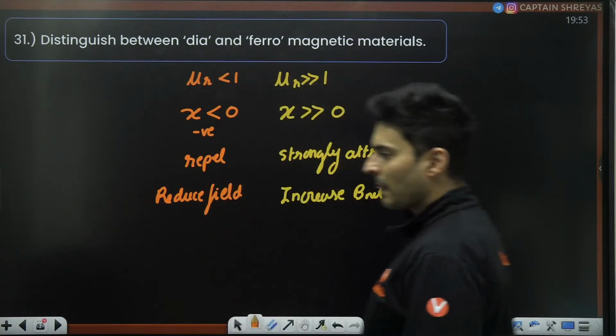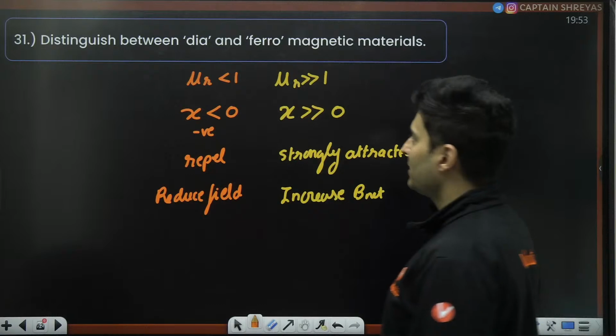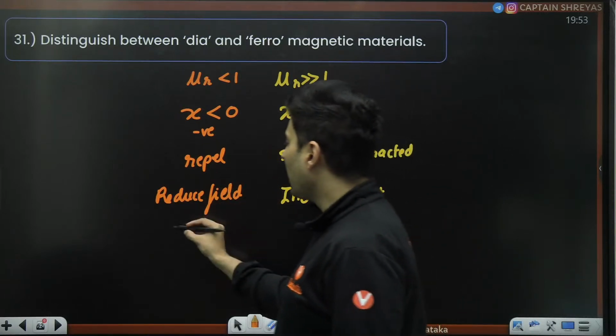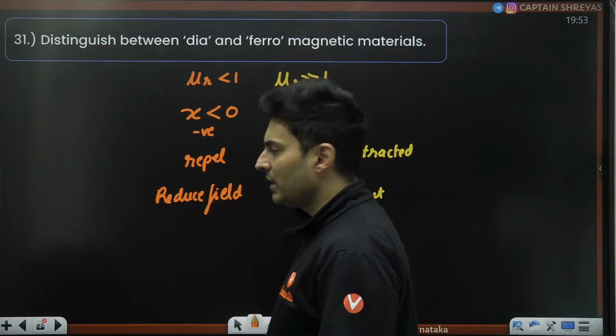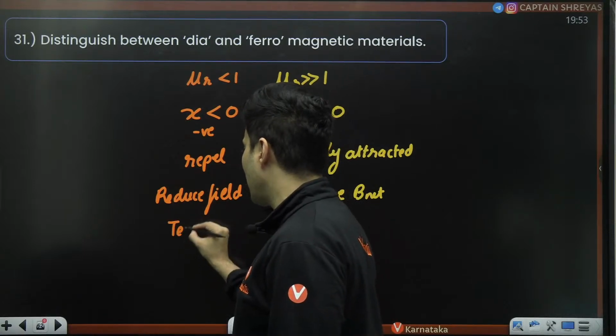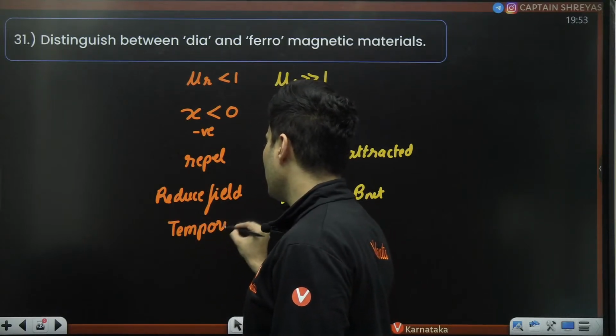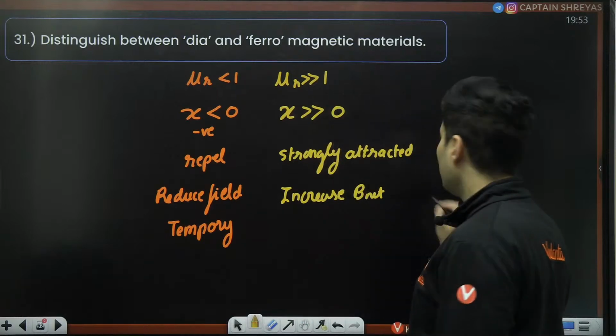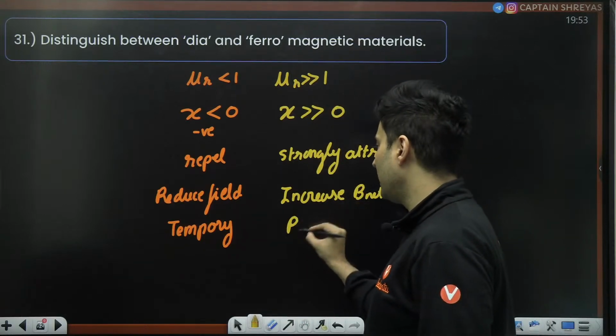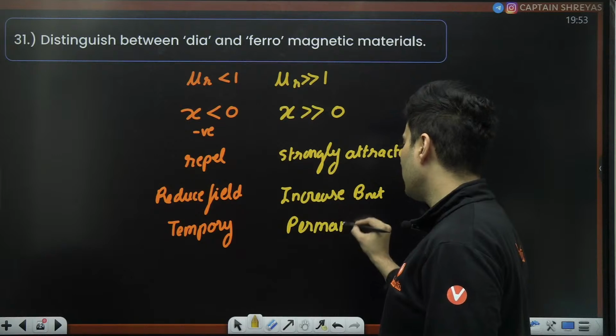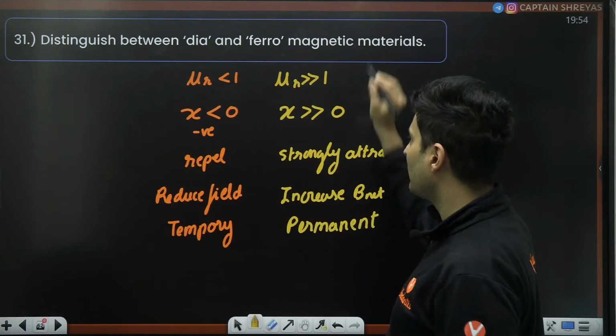Is that right? Correct, my dear warriors? Not just that, diamagnetic materials exhibit only temporary magnetism, whereas ferromagnetic materials exhibit permanent magnetic behavior. So all the permanent magnets are made of ferromagnetic material.